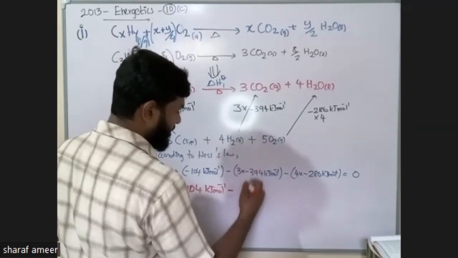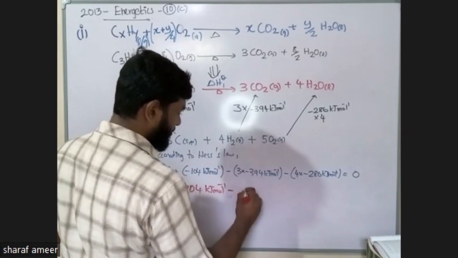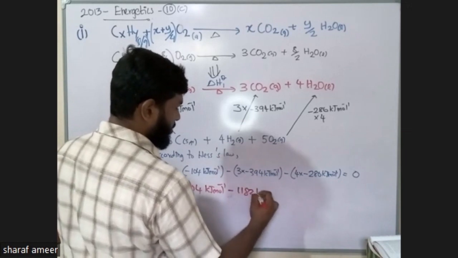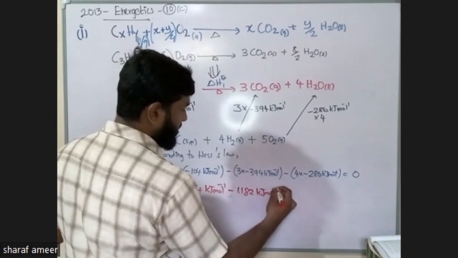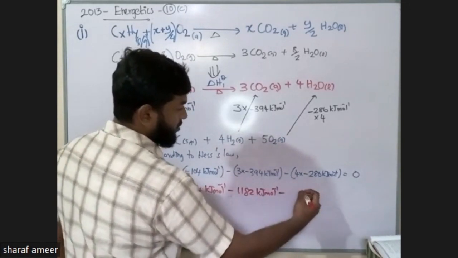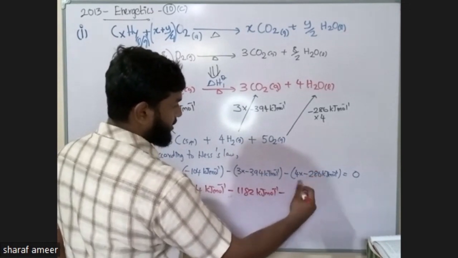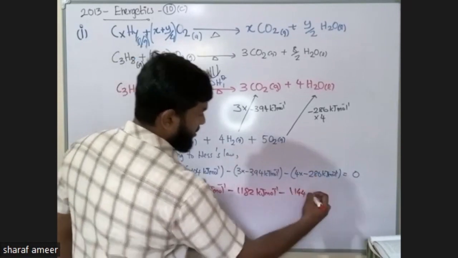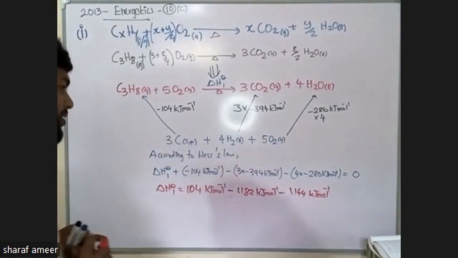If you simplify this, 1182 kilojoule mole minus 1 minus 1144 kilojoule mole minus 1.